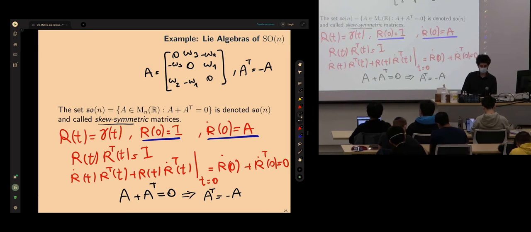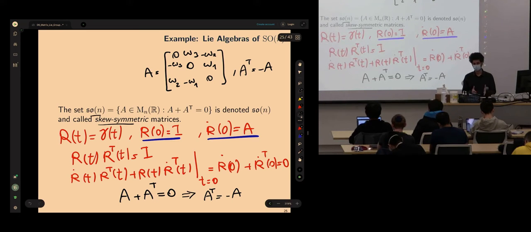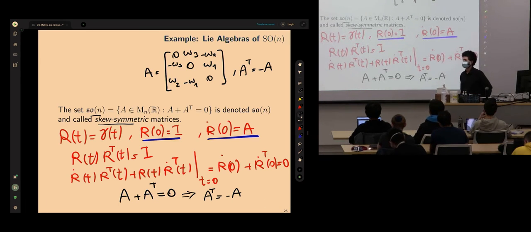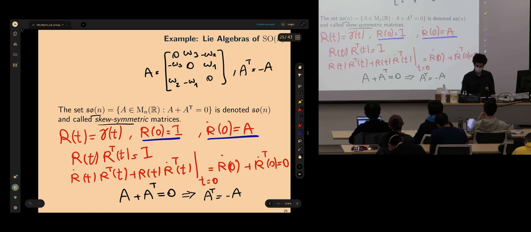So we learned that all the matrices in the Lie algebra of SO(n), or in particular SO(3), are skew-symmetric matrices. So we'll just learn the structure of the Lie algebra of rotation matrices. Okay? And because it's a rotation group, the velocity is also called angular velocity.